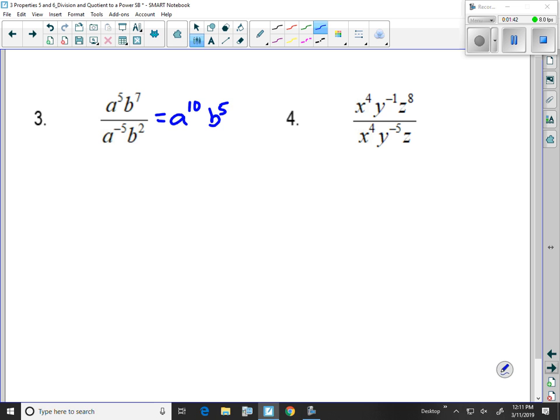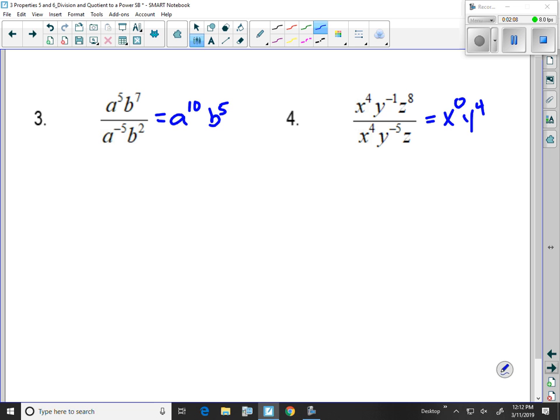All right, number 4. What's my power on x going to be? My power on x, 0. Okay, and then y to the negative 1st over y to the negative 5th. That would be negative 1 minus a negative 5. We add 5 to be 4.